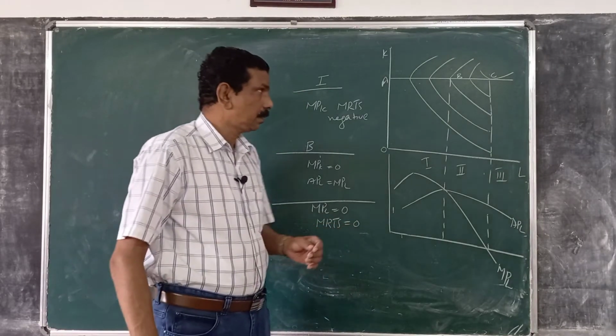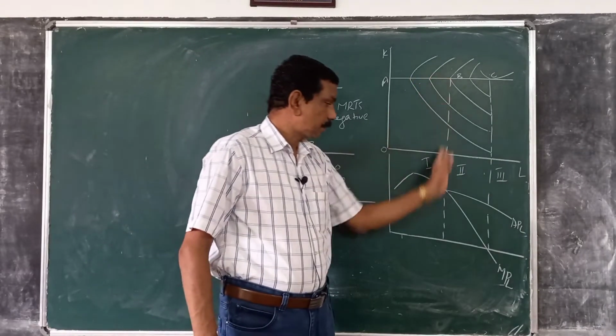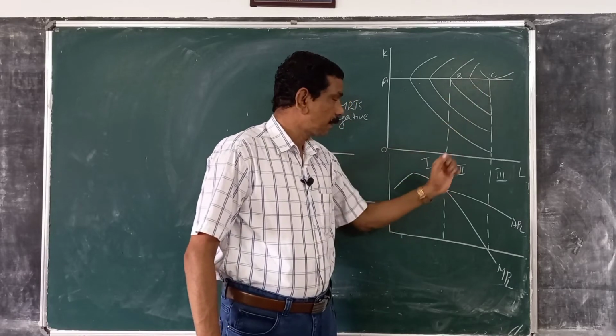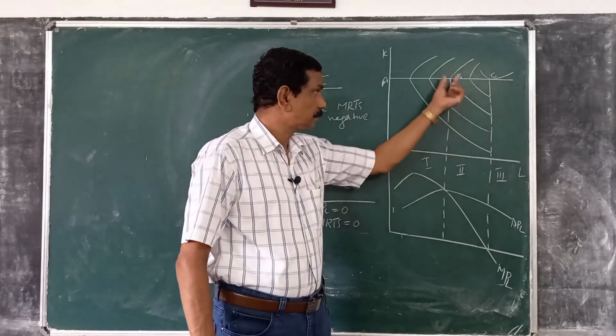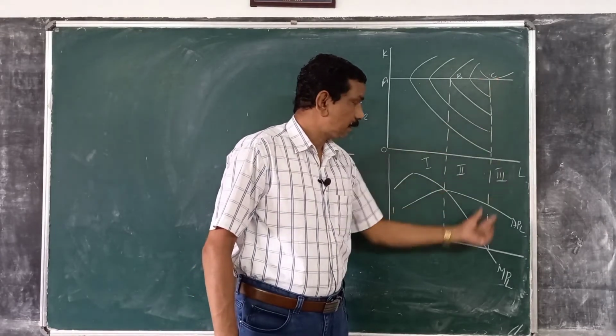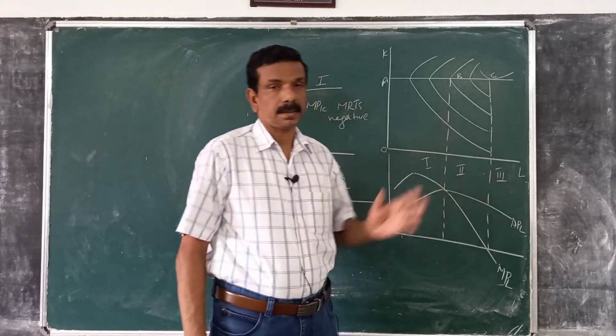So first stage is up to point B. Second is between B and C. Third is beyond C. B is the demarcation between first and second. C is the demarcation between second and third.